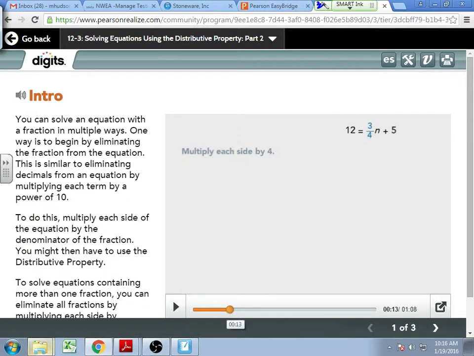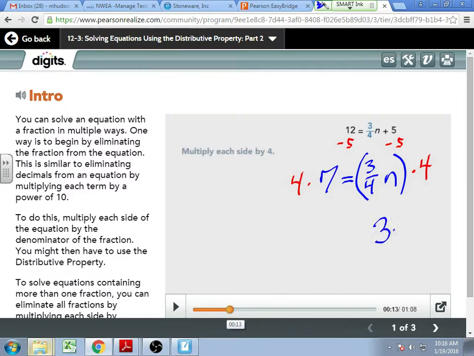Well, let's try it. If I subtract 5 from both sides, that leaves me with 7 equal to 3/4 n. Now if I apply that technique that we just saw, where I multiply by the denominator just to get rid of that division, that's going to leave me with 3n equal to 28, which is exactly what we just had up there.